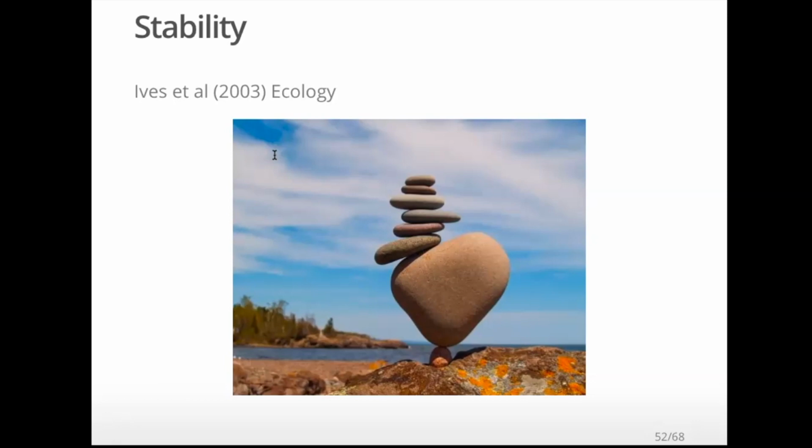I want to talk about some interesting things that you can do once you have that B matrix. Although I'm talking about this in the context of community interactions, what I'm going to be talking about are generally features of this B matrix. So you might use that B matrix for some other types of interactions, like chemical interactions, say.